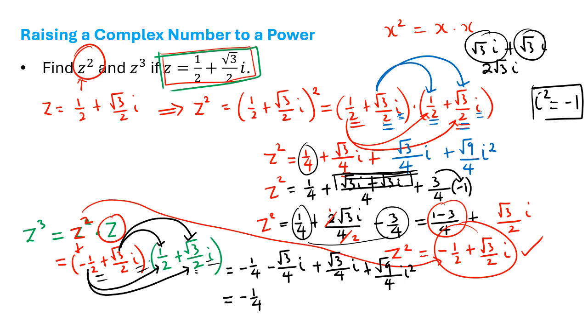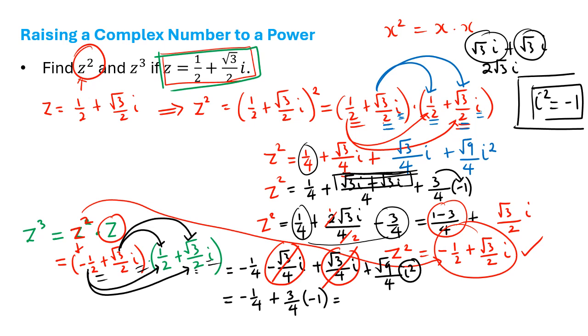And then we'll come to this part here. They're exactly opposites of each other. So they will just zero themselves out. Yes. And then we're just going to have square root of 9, which is 3. Then we'll have over 4. We know that i to the second power is, again, negative 1, as we've seen here.